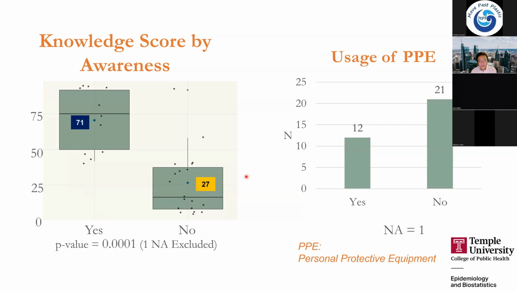Then we also asked them whether they use any type of personal protective equipment, such as wearing a mask or gowns when they work. Surprisingly, only less than 40% answered that they wear any type of personal protective equipment while working.